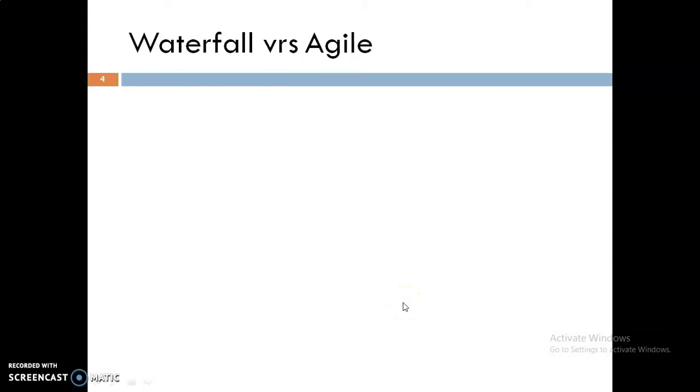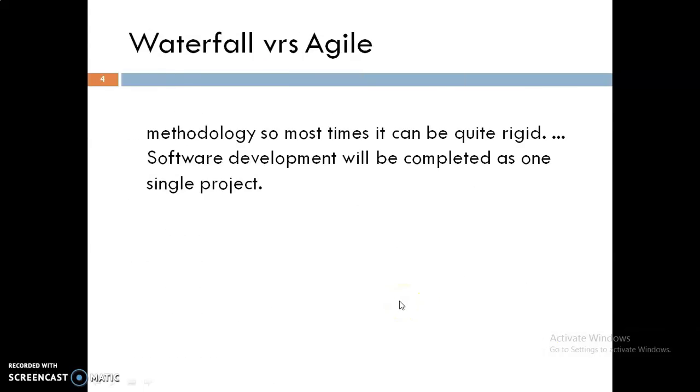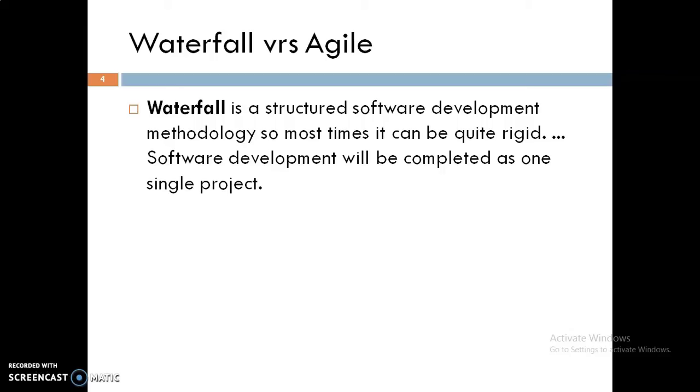Then there is a difference between waterfall and agile. So what do you mean by waterfall model? The waterfall model follows a sequential approach of software development. In the waterfall model, when one process is completed, the next process starts. That is what happens in the waterfall model of software development.